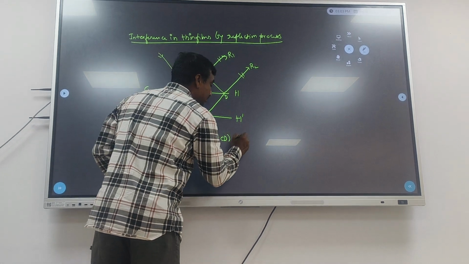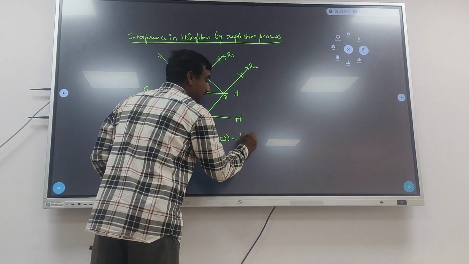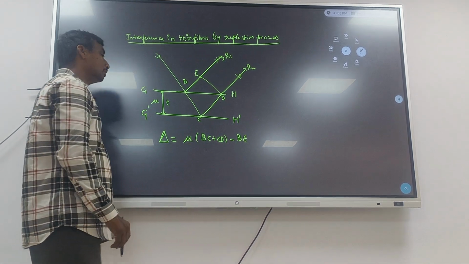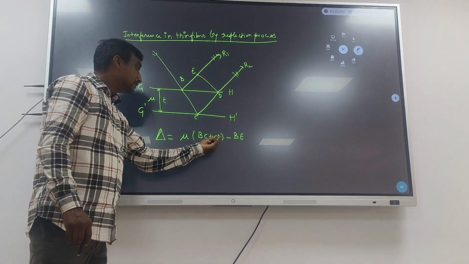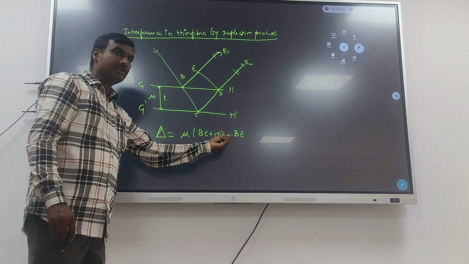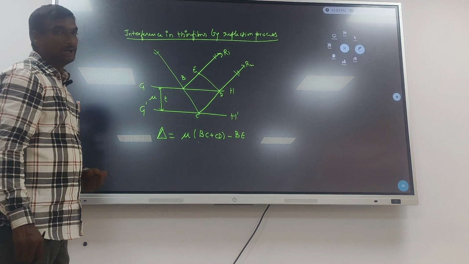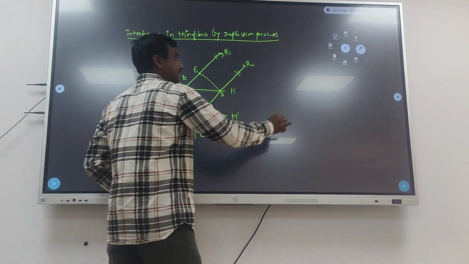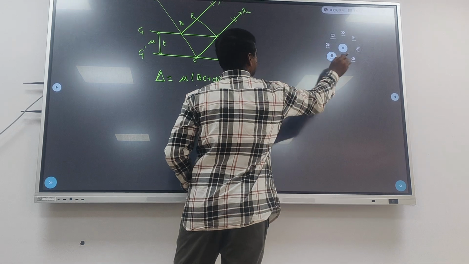So the path difference is BC plus CD minus BE. So we have to find out the BC value, CD value and BE value, and we will get the interference formula.